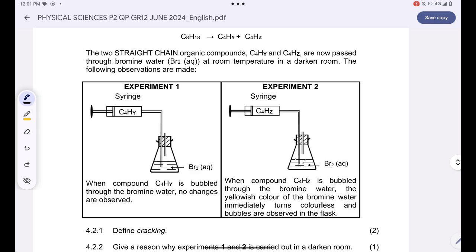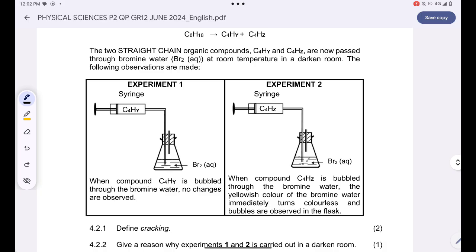But the one that is unsaturated will react with bromine water in a dark room. Why? Because the one that is unsaturated has double bonds, so it reacts more easily with bromine water.